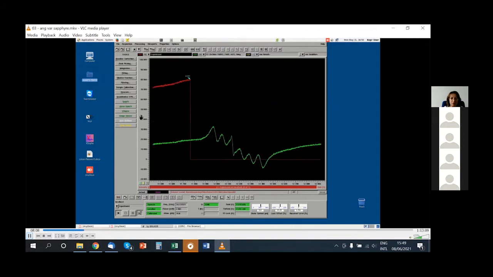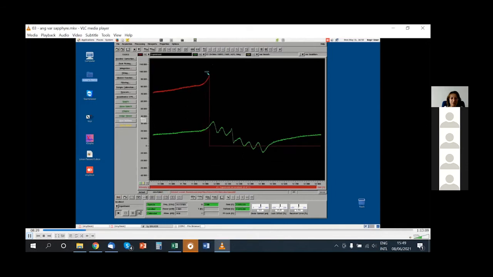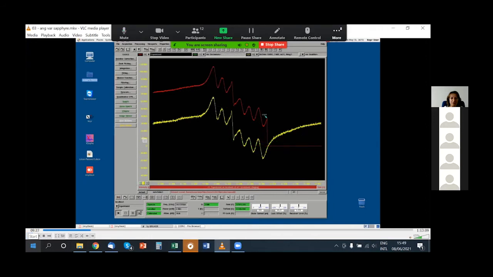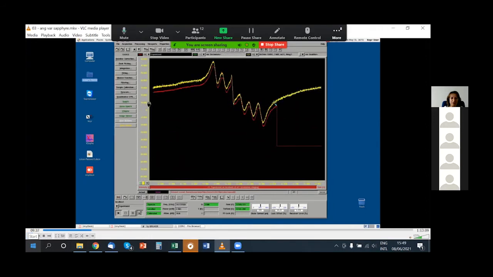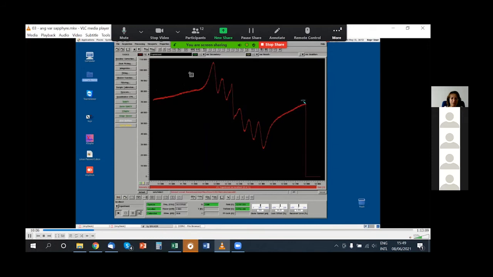If not, we stay on the higher power, of course. So I have increased power 4 times, and I should see an amplitude 2 times higher. And it is indeed. So it's okay to stay at this power and to start the experiments of the angular variation.